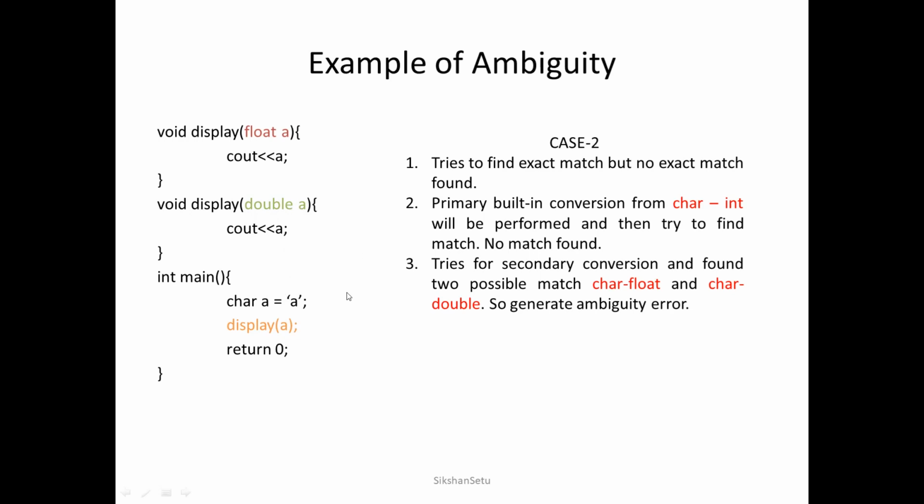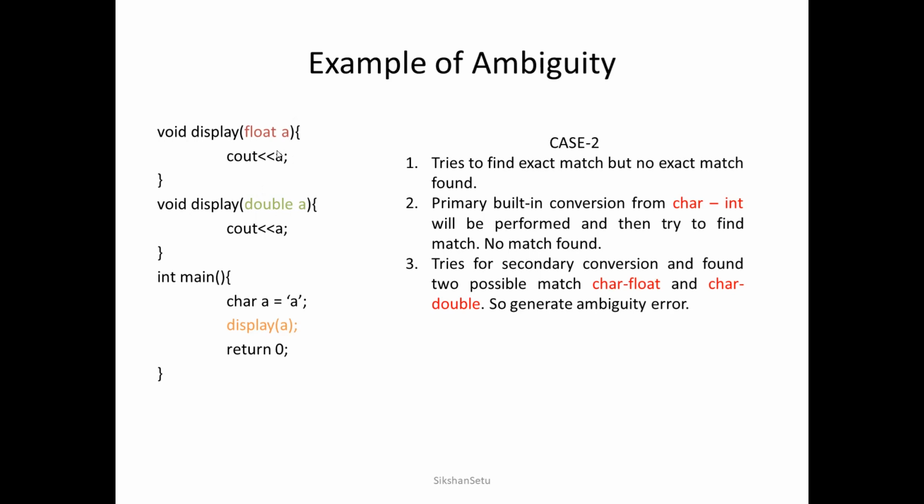So when the system tries to convert it into float or double and tries to find the exact match, the system will be confused. Why? Because this particular character can be converted into float as well as into double. So now which function out of these two should be called?